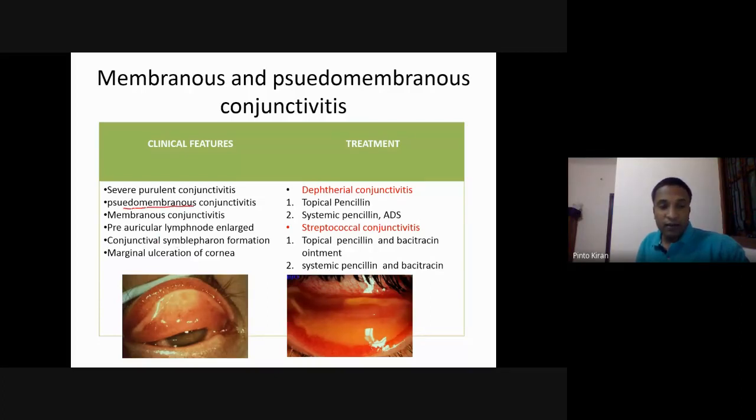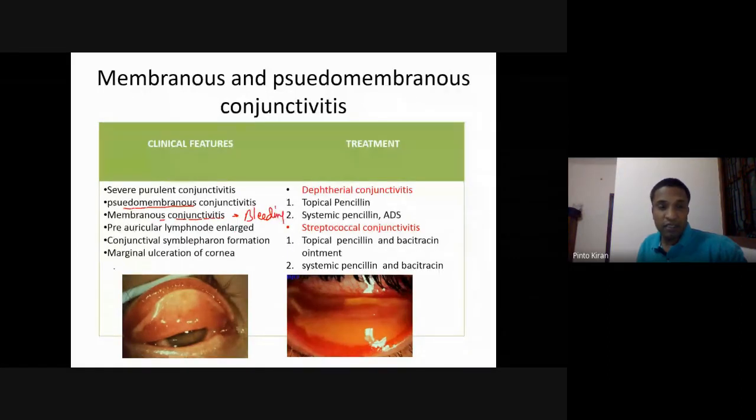And when the epithelial cells detach from the surrounding structure and form a thick membrane which is tightly adherent to the underlying surface, when you try to peel it off, it will bleed. That is a membranous conjunctivitis.